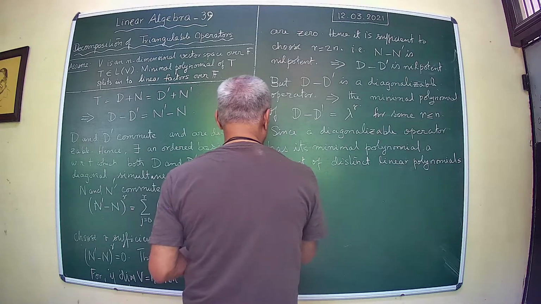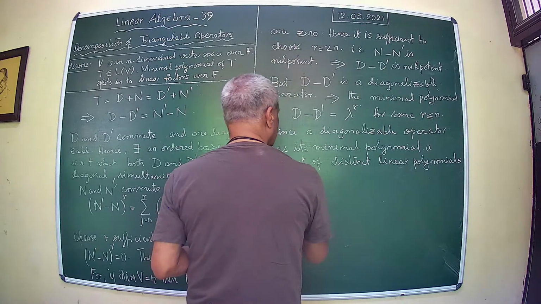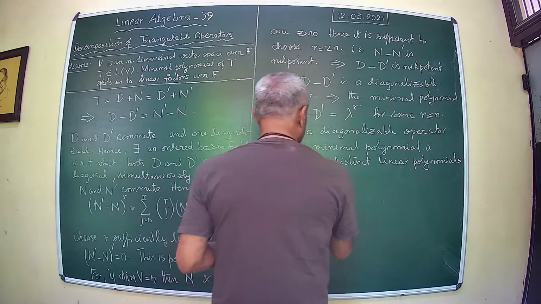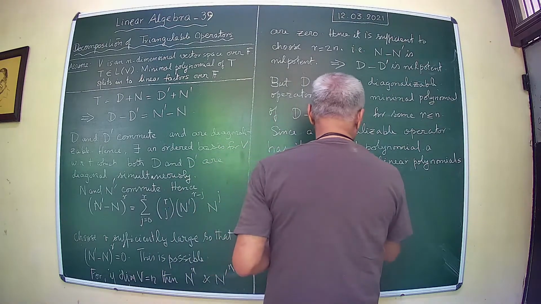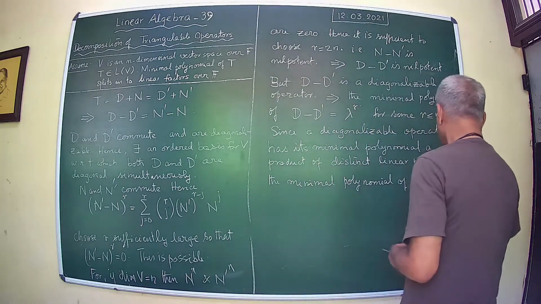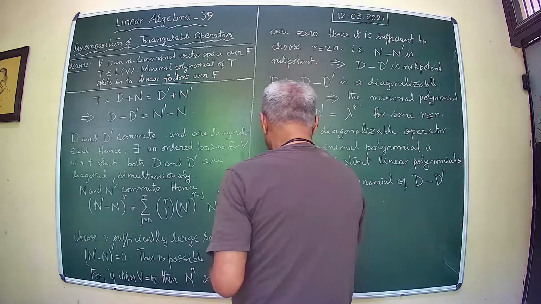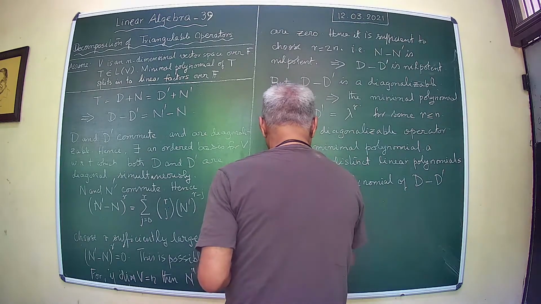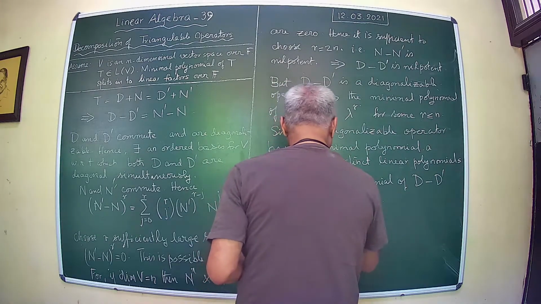The minimal polynomial of D minus D prime cannot have repeated roots.